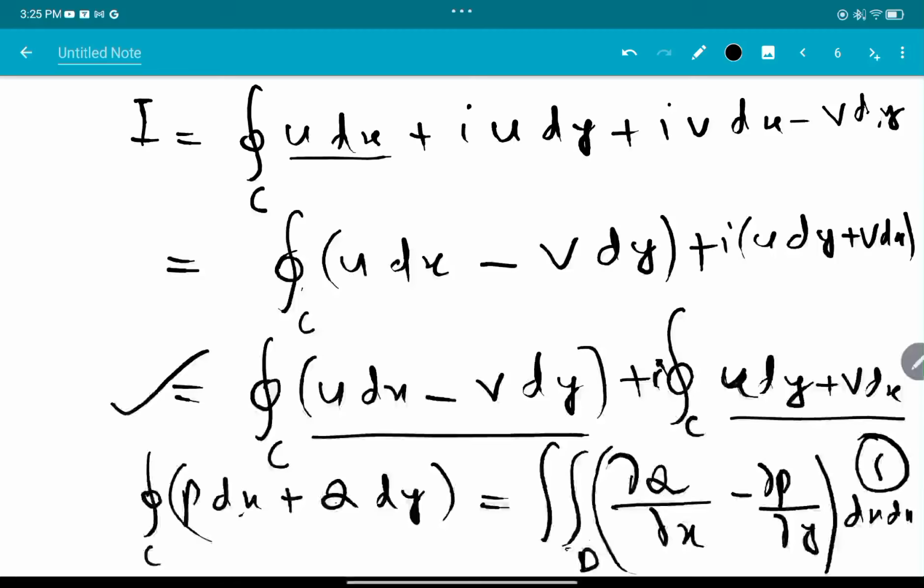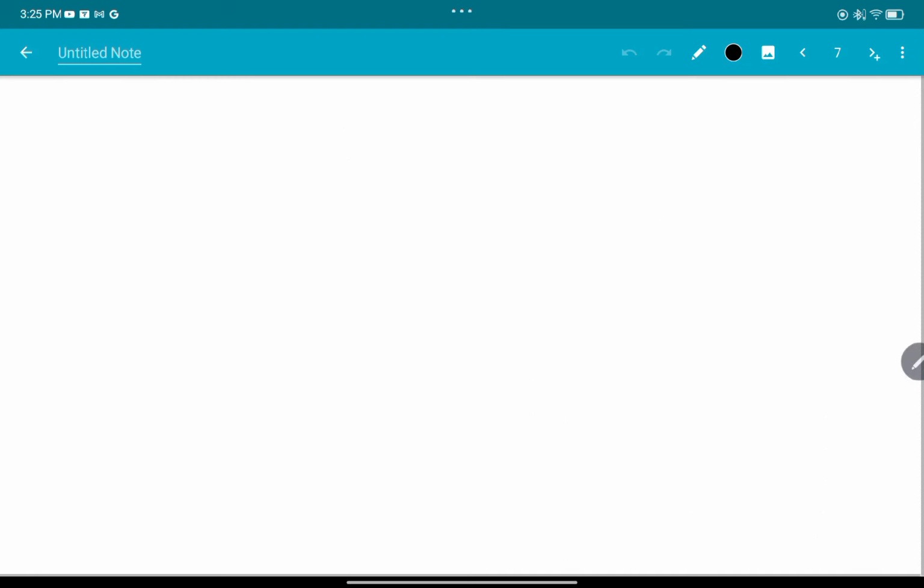Okay, dx dy. Now I will turn to the other page. I have actually written dx here. That is wrong. It is okay. Actually, it is not writing here because I am at the end, so I will go to the next page. So here is the next page. I have already written it.